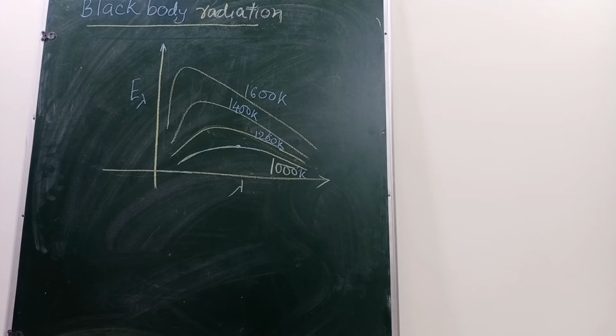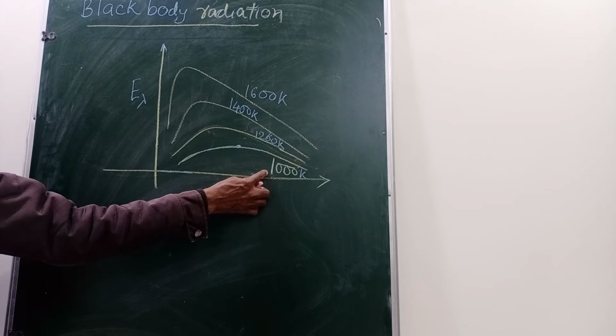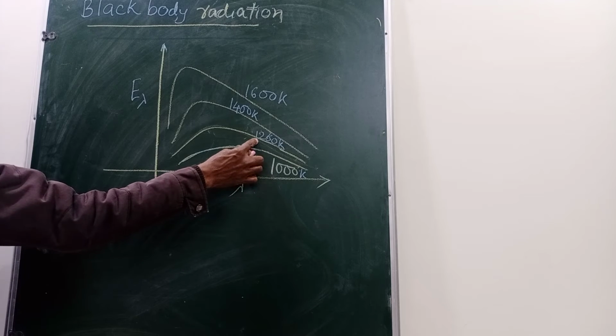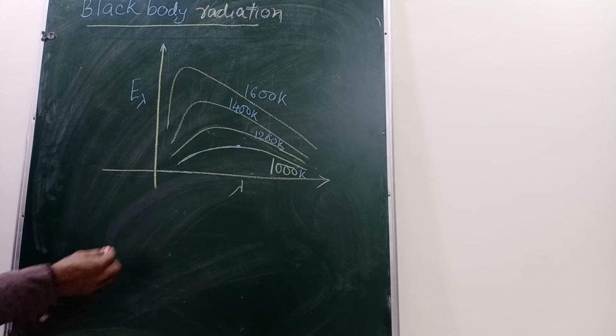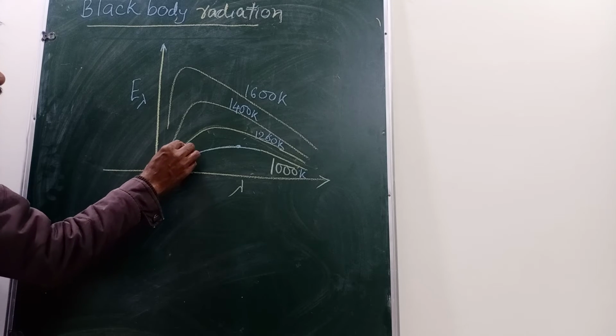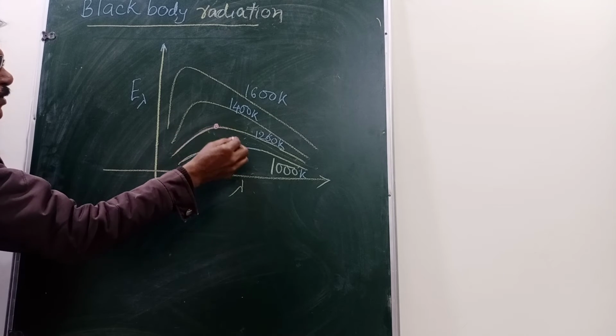If we repeat the experiment for higher temperatures, say previously it was at 1000 Kelvin, now it is 1260 Kelvin, the shape of the graph is almost the same. The only thing that changes is the emitted energy.